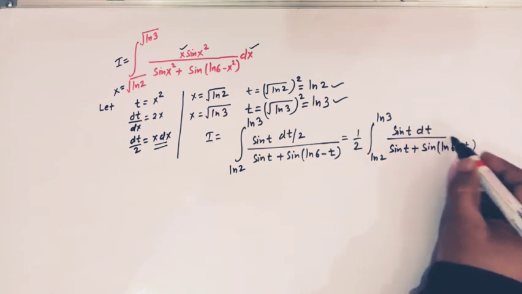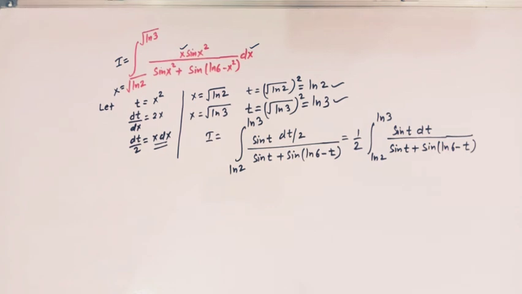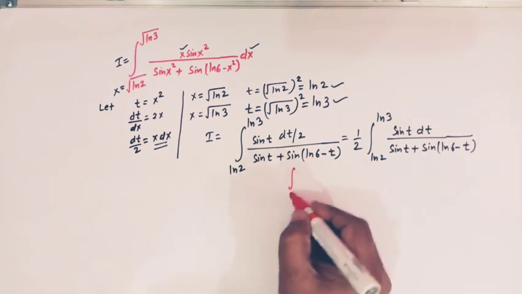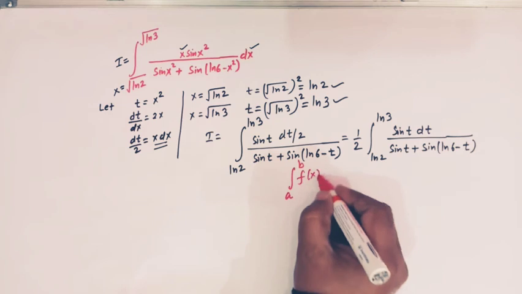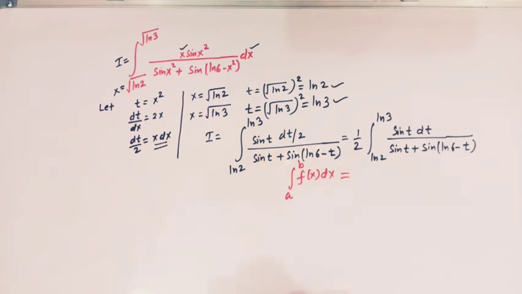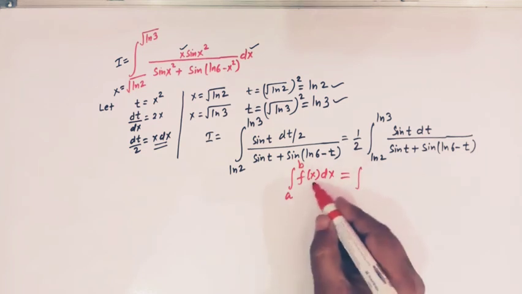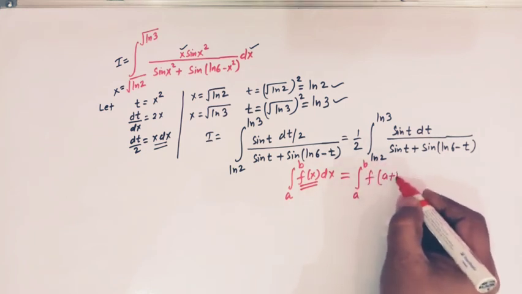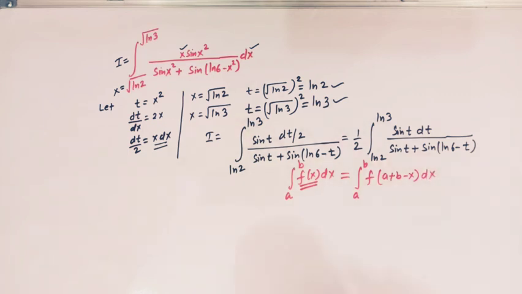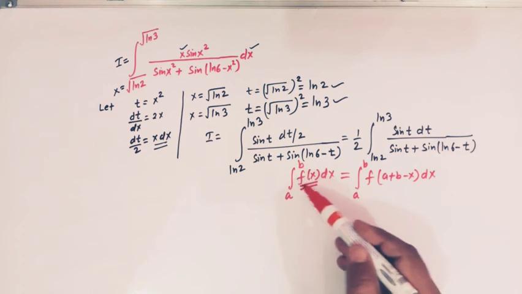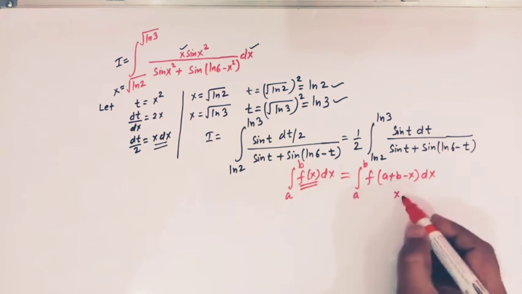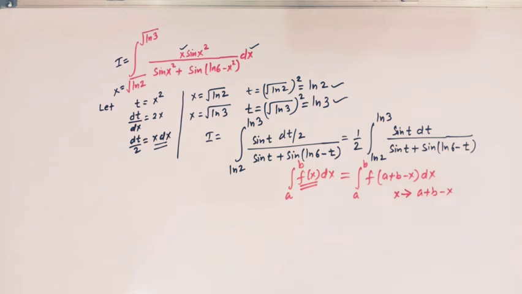Now we will apply a very important property of definite integrals, which states that if we have the integral from a to b of f(x) dx, then in the next step we can replace f(x) by f(a + b − x). So it means we can replace the variable x by a + b − x.